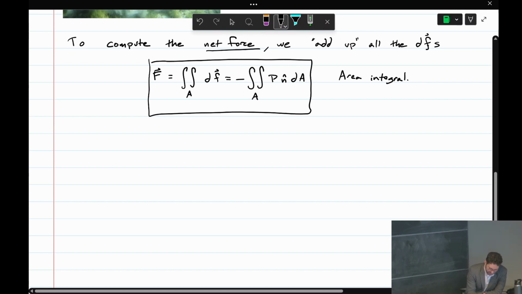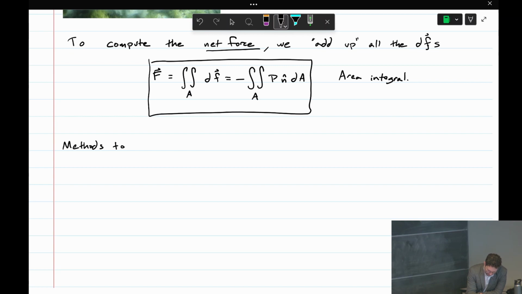So let's talk about methods that we have to compute this integral. One, for some cases, we can actually do this analytically. Two is computer.